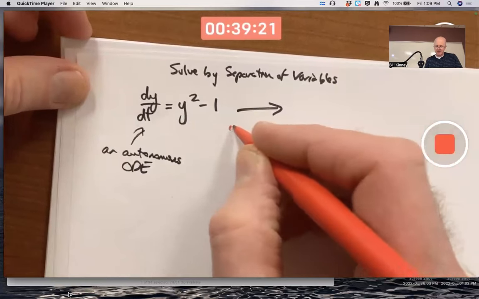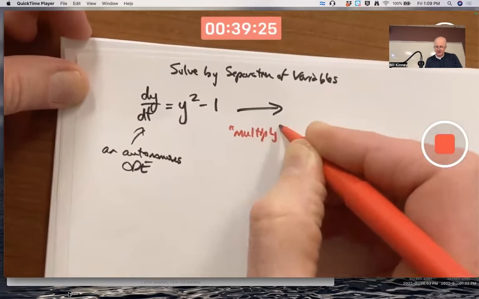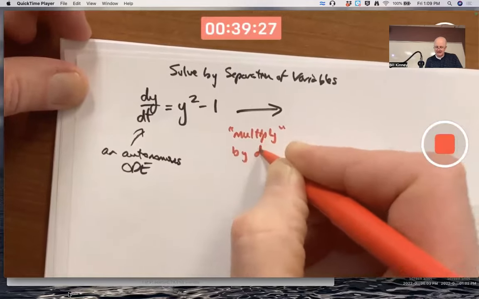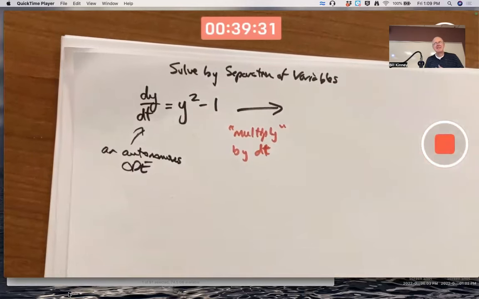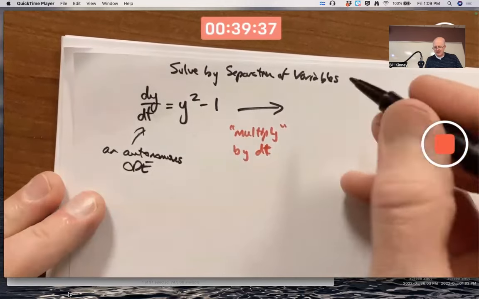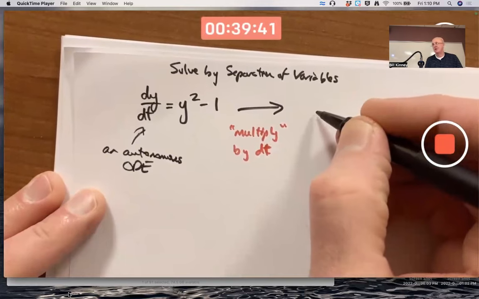So I'm going to start by pretending I'm multiplying both sides, multiply in quotes, by dt. You can make this semi-rigorous, and again, we will next week. It doesn't really justify the actual step that we're doing so much as just justifying that you get the right answer in the end.